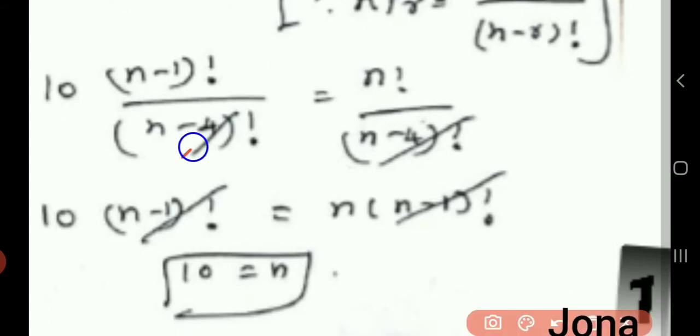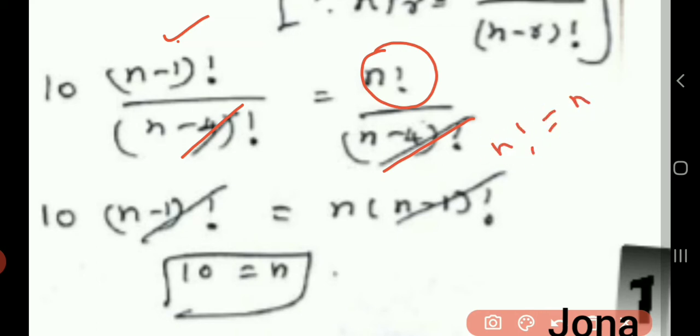So I can cancel this (n minus 4) factorial on both sides. The remaining things: 10 into (n minus 1) factorial equal to n factorial. This n factorial means the product from n to 1: n into n minus 1 into n minus 2 and so on up to 1.